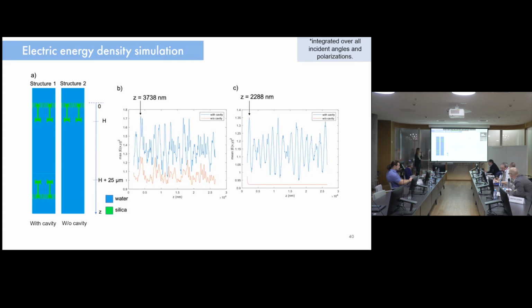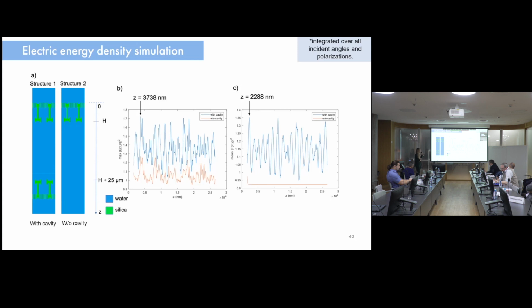So what do we see here? We see the maximal electric energy distribution depending on the zeta coordinate. We compared these values for both structures, with cavity and without cavity. In the case of the structure with cavity, if we compare not only the maximal but also the mean electric energy density distribution, we see higher intensity.